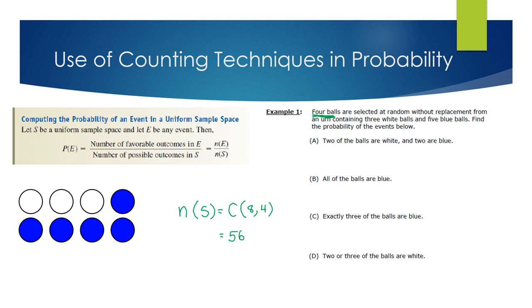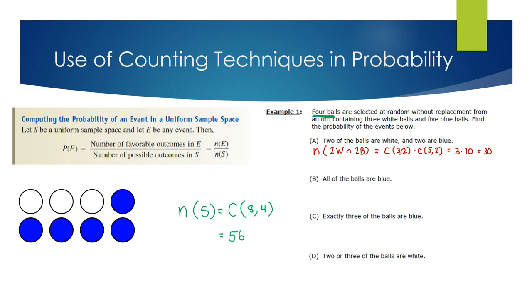For part A, you're trying to figure out, what's the probability that 2 of the balls are white and 2 are blue. Well, for me to figure that out, I'm looking for the number of circumstances where I'm able to select 2 white balls from the 3 that are in there, and 2 blue balls from the 5 that are in there.